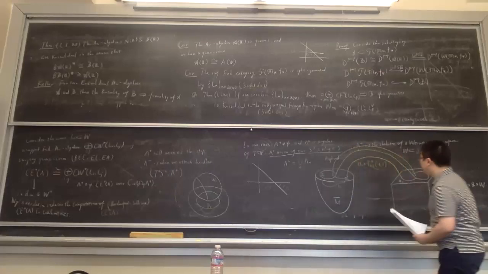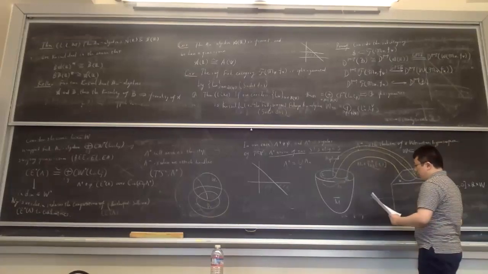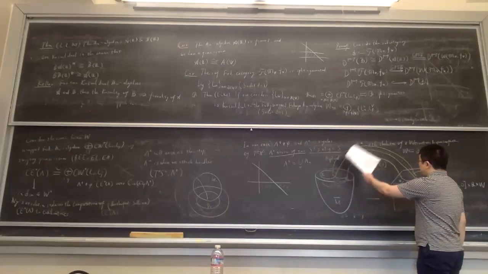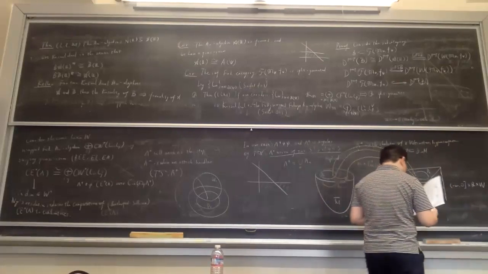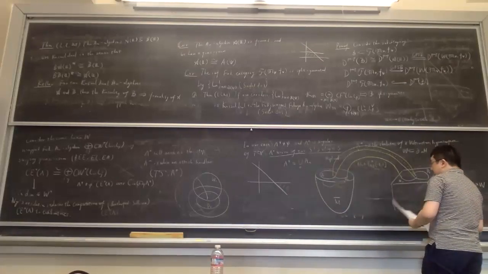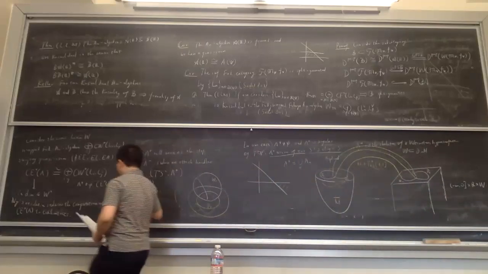I hope this picture is okay. When we connect these two copies of dv together, you get a copy of the Legendrian sphere. So what we do is that we have a Legendrian sphere.